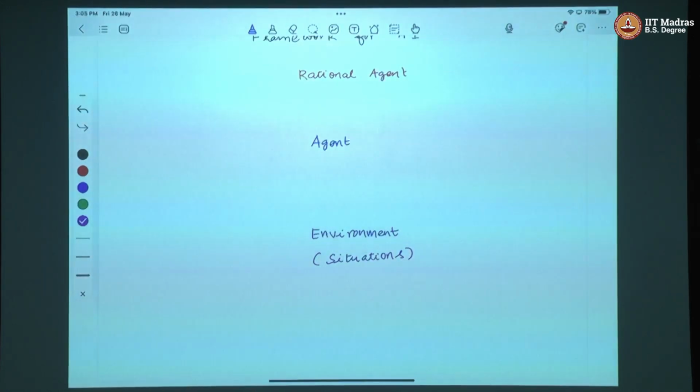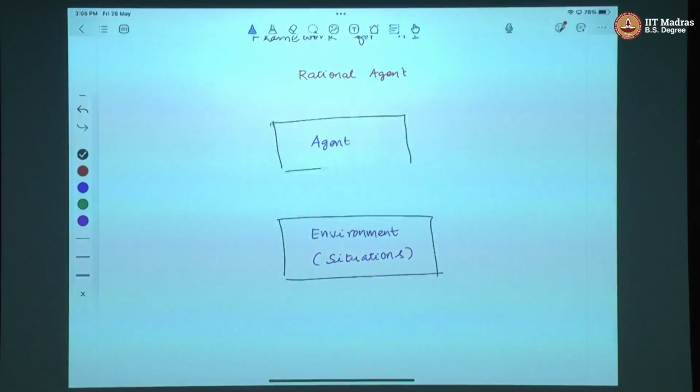The environment presents the agent with situations, and the situation keeps changing. I am also going to draw a box so that you understand these are two different entities.